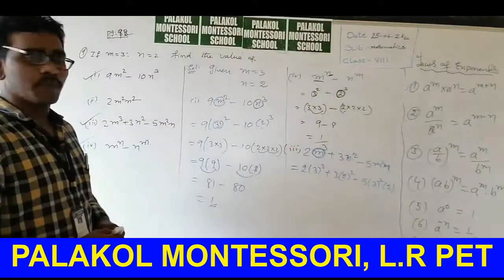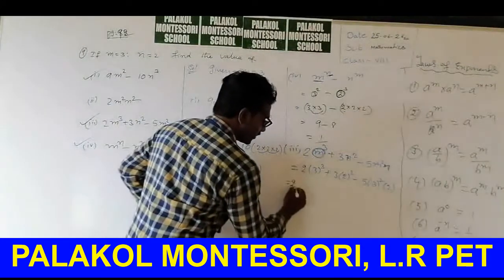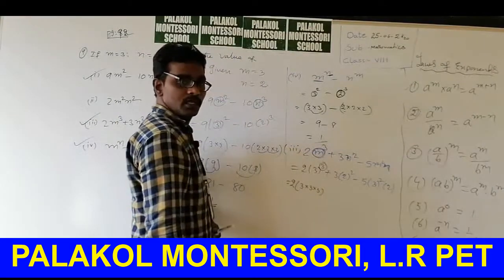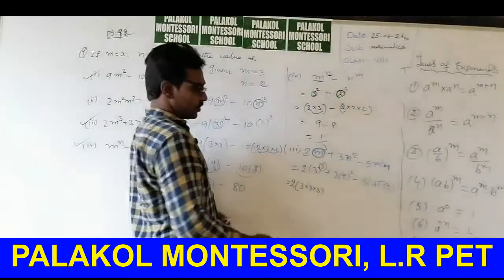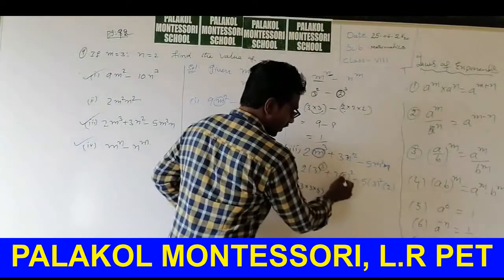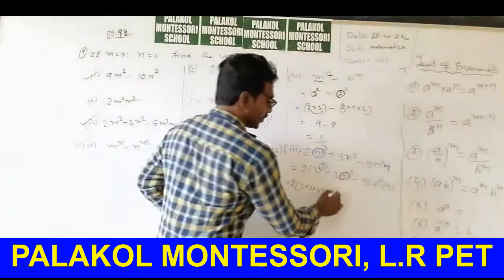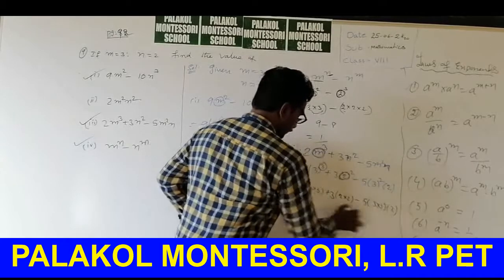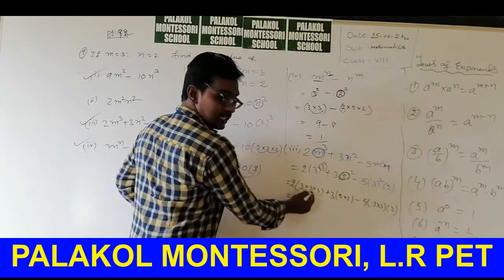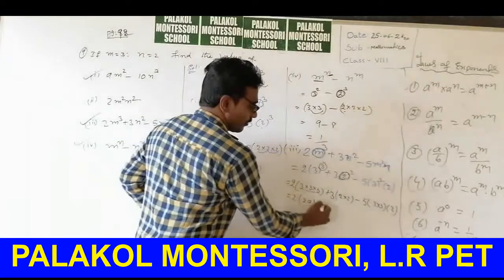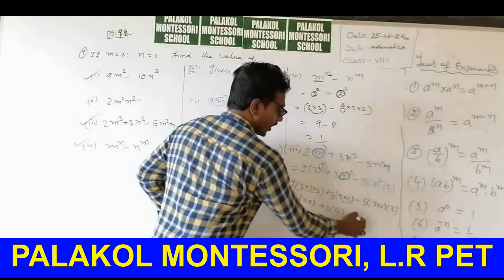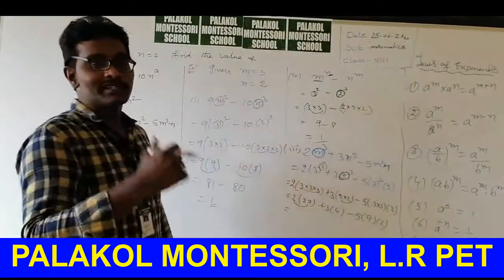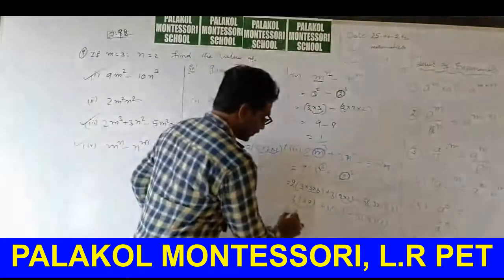With the power notation, this number you write 3 times, because the power is 3. That's why the base you write 3 times. Plus 3, what is the base? 2, and the power means 2 times. 5 of 3 into 3 of 2. So 2 of 3 3s are 9, 9 3s are 27. Plus 3 of 2 2s are 4. 5 of 9 of 2. 2 27s, very good, 54.